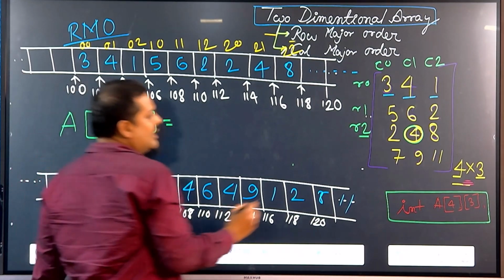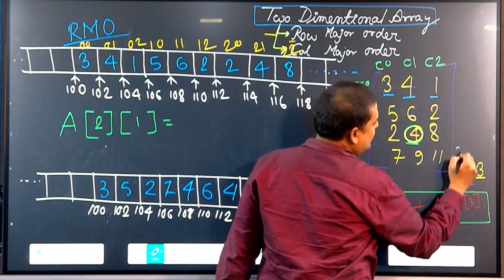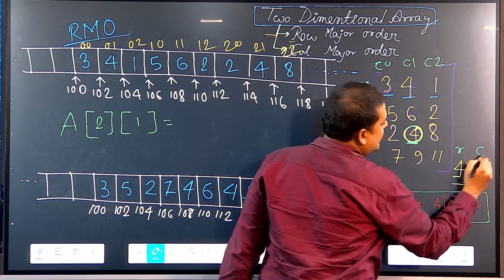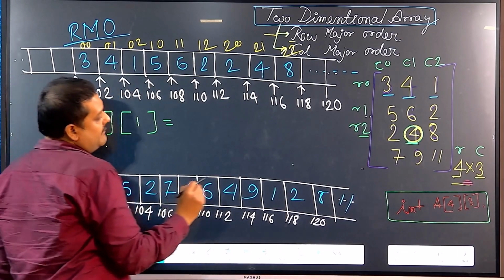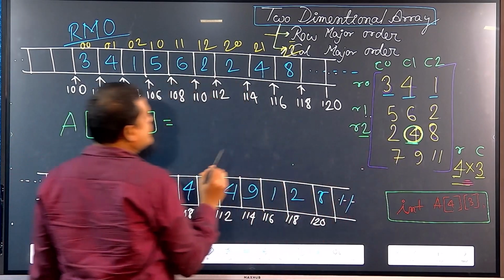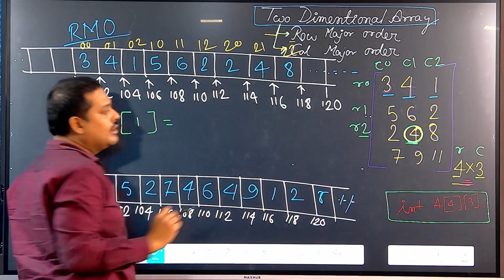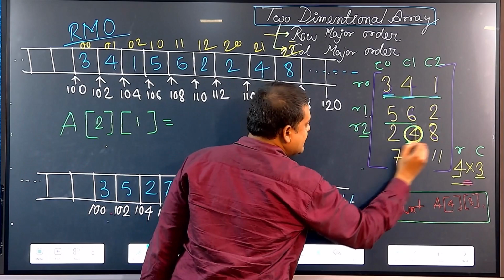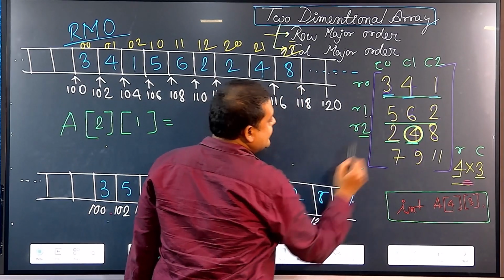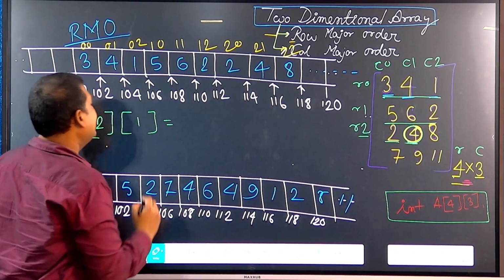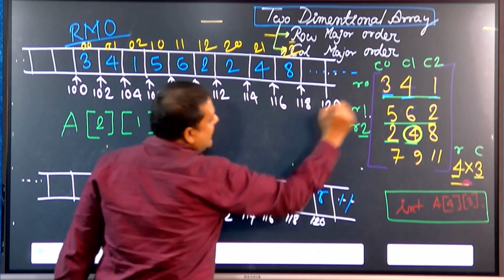Have a look. This 4 is the number of rows and 3 is the number of columns, 4 rows and 3 columns. To know the address of this location, I have to traverse all these elements. How many elements? 3, 3 plus 3 is 6, 1, 7. How many rows do I have to traverse?